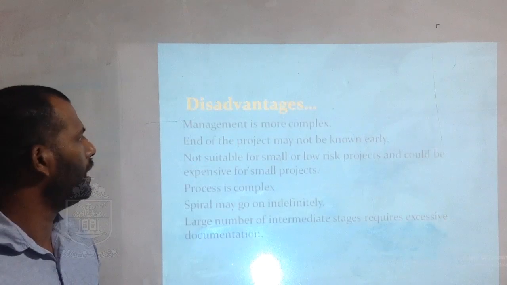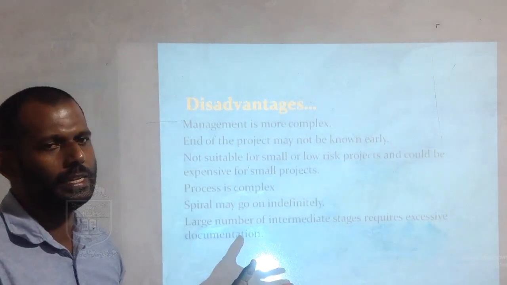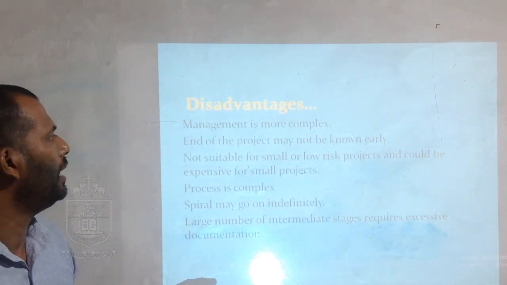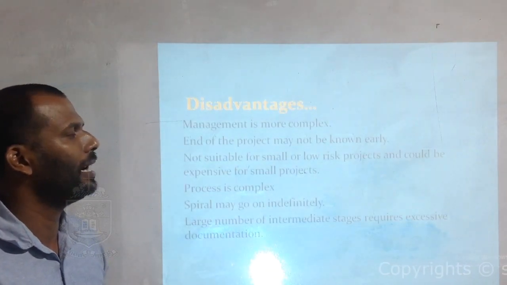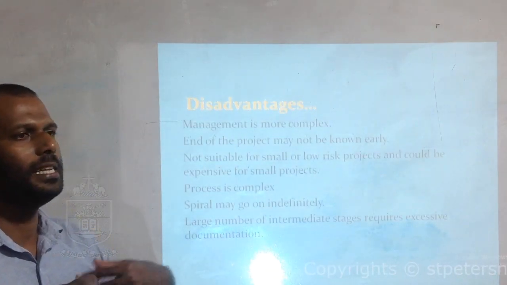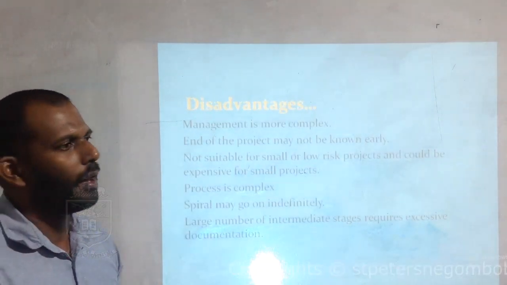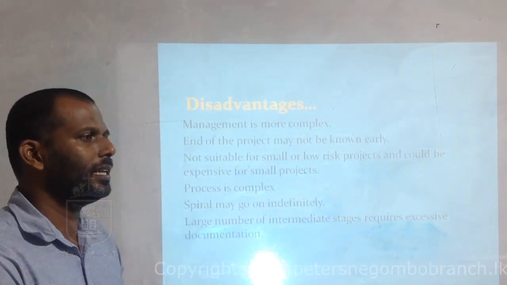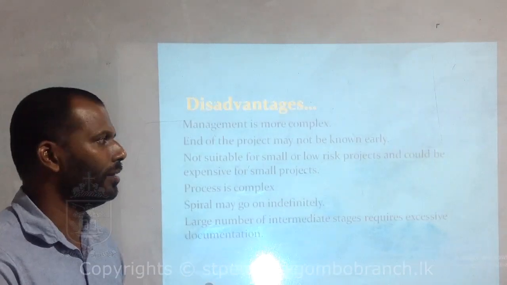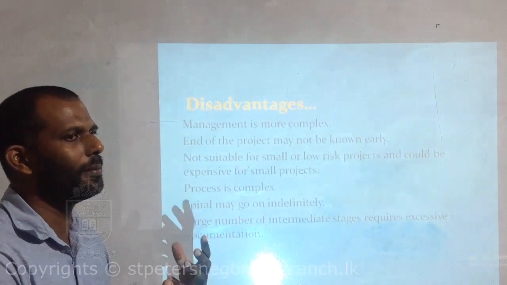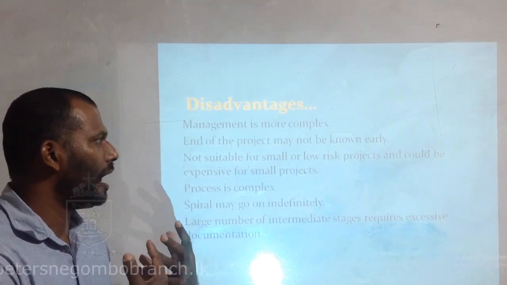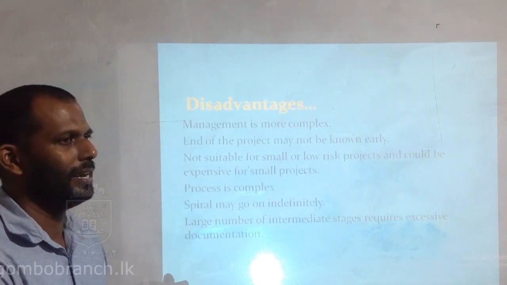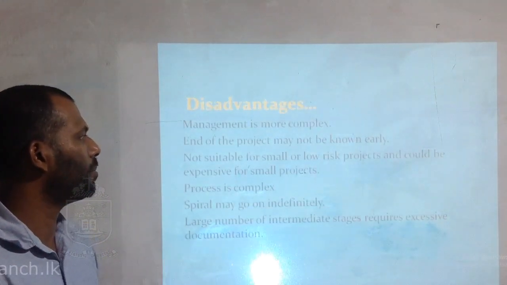Management is more complex. Managing is very difficult in this type of model, and the end of the project may not be known early. We don't know what the outcome is, either success or failure. Once you get the output, you have to act on it. That's why it is a very risky project.